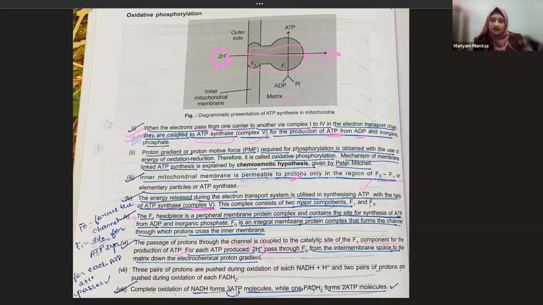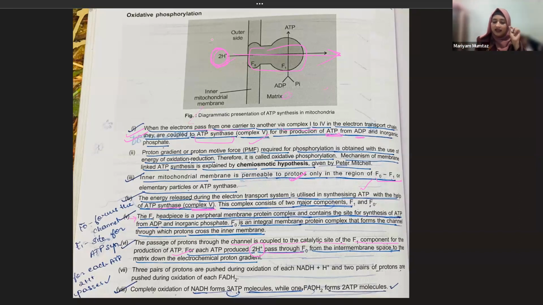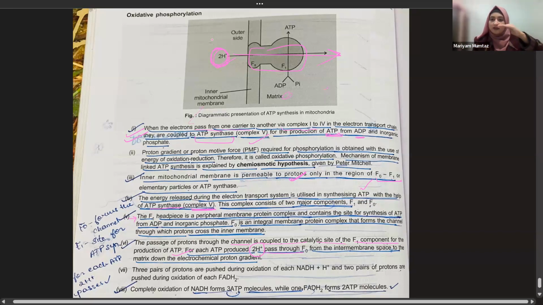Strictly to NCERT. What happens is that there is a complex 5. The 5th complex is there, which is known as the ATP synthase complex. Now, this complex contains 2 components, F0 and F1. The F1 headpiece is the peripheral membrane protein, meaning it is present at the periphery.